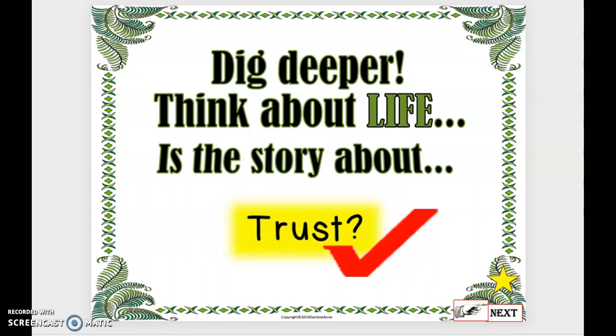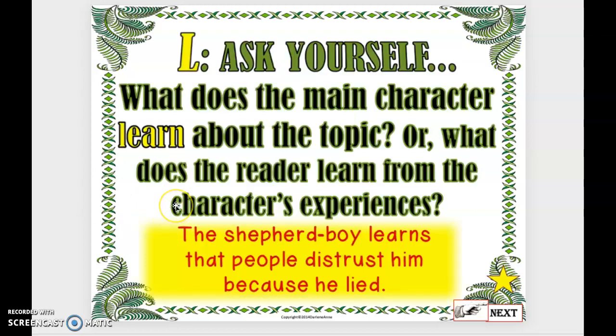Now that we know the topic, we're going to dive into the letter L and ask ourselves, what does the main character learn about the topic of trust? Or what does the reader learn from the character's experiences? If we dig deeper into that, we find out that the shepherd boy learns that people distrust him because he lied.